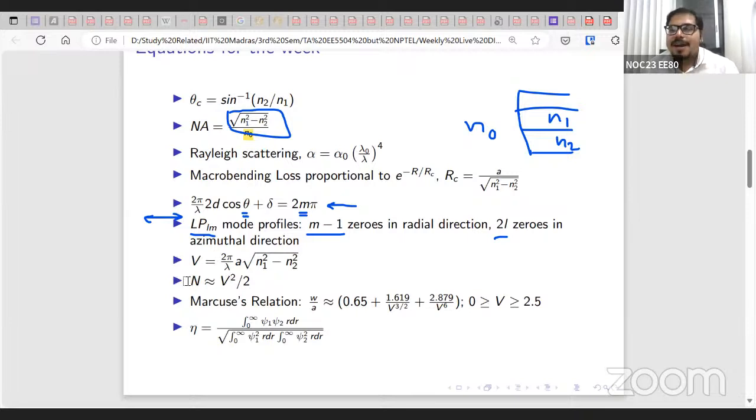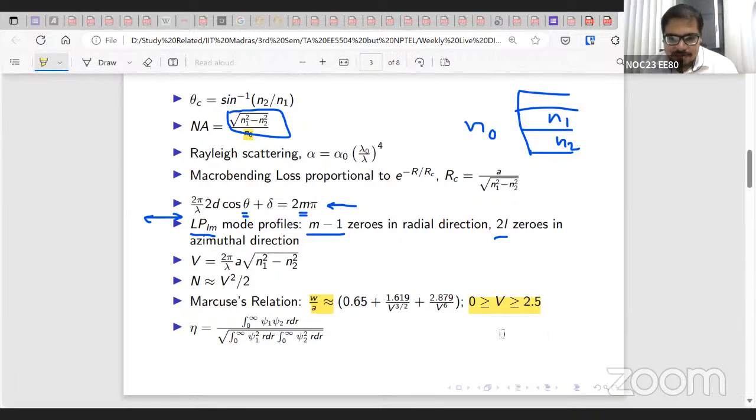Then for large V numbers, you can approximately say how many modes are supported. Then from mode field diameter, we get this Marcuse's relation, which is an empirical relation valid only for this range. From here, you can tell about the mode field diameter. And finally, we end on this coupling.